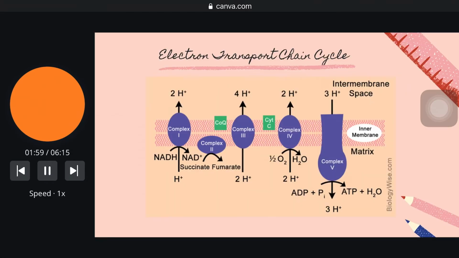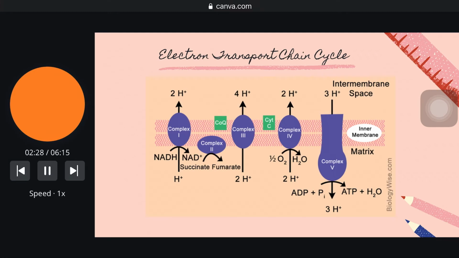This is a picture of the overall electron transport chain cycle. First, mitochondrial NADH plus H+ arrives directly at the ETC from the TCA cycle and is immediately oxidized to NAD+, with its proton remaining in the matrix and its electron going to complex 1.